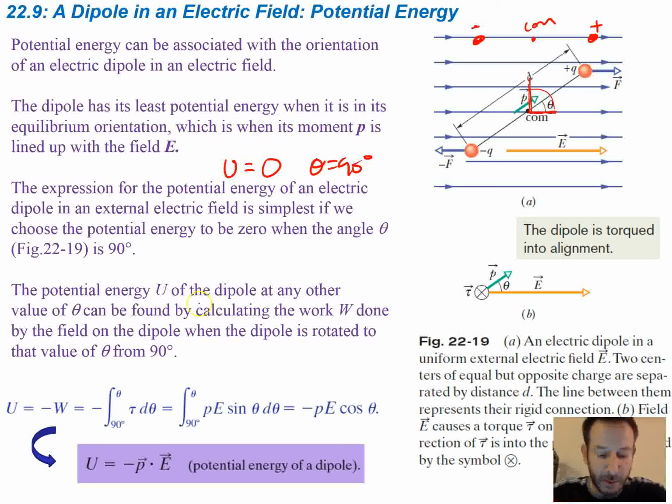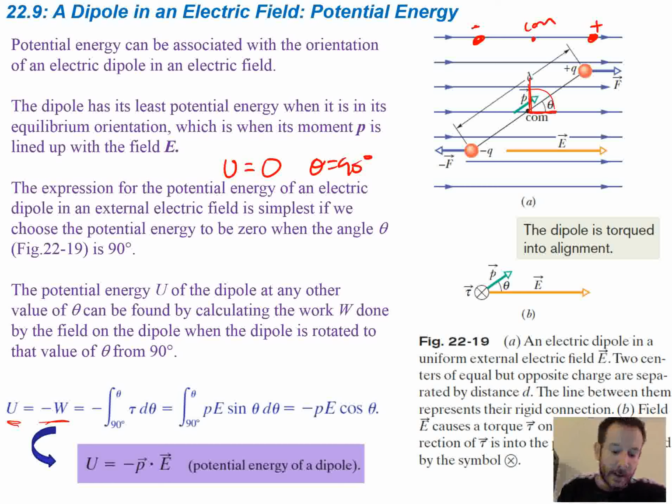So the potential energy U of the dipole at any other value of theta can be found by calculating the work done by the field on the dipole when the dipole is rotated to that value of theta from 90 degrees. All right, so it's showing you that our potential energy U is just going to equal the opposite of work.